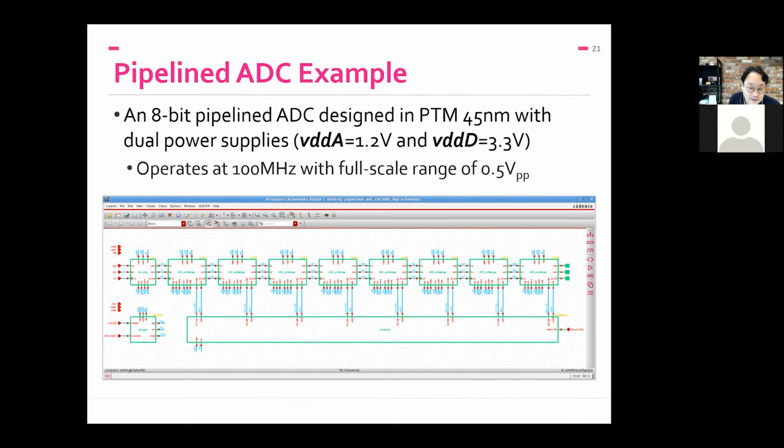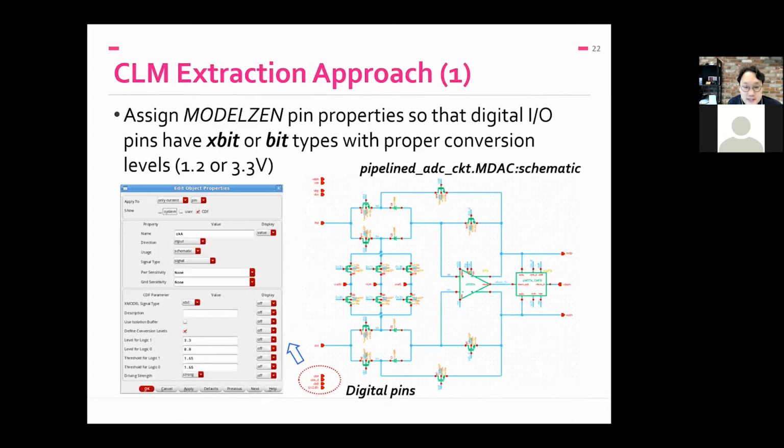For the structural model generation, it's almost automatic, and there are just a few preparation steps to improve the simulation speed a little bit. For example, this design contains analog signals as well as digital signals.